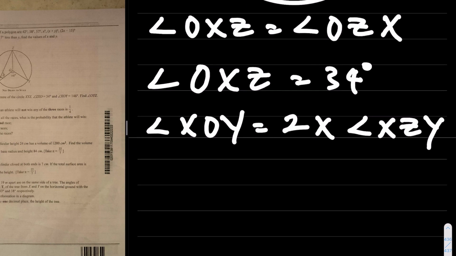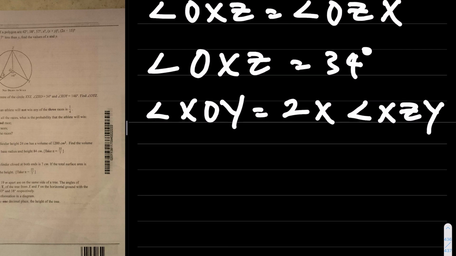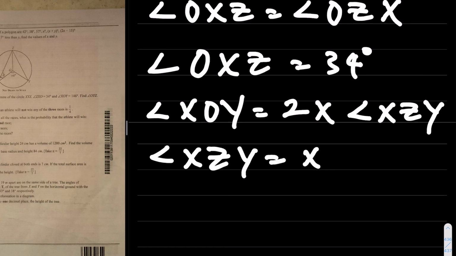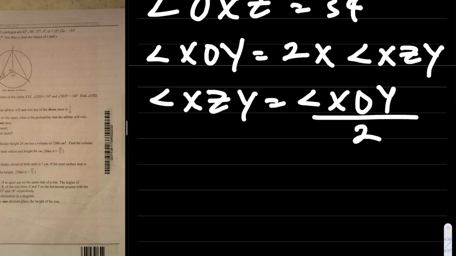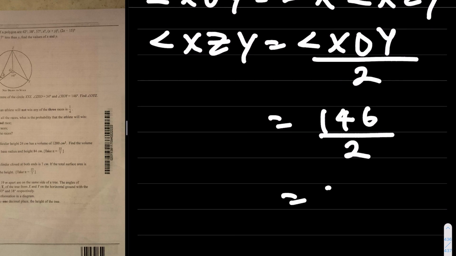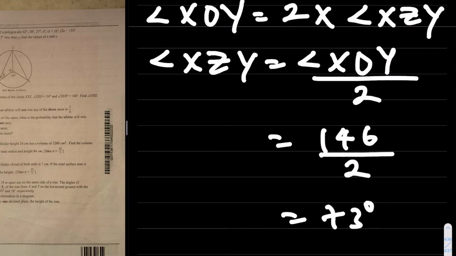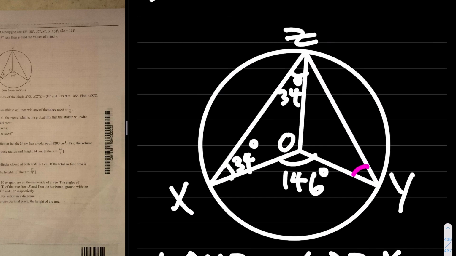That simply means angle XZY is angle XOY all over 2, which is 146 all over 2, which is 73 degrees. That means this angle is 73 degrees.